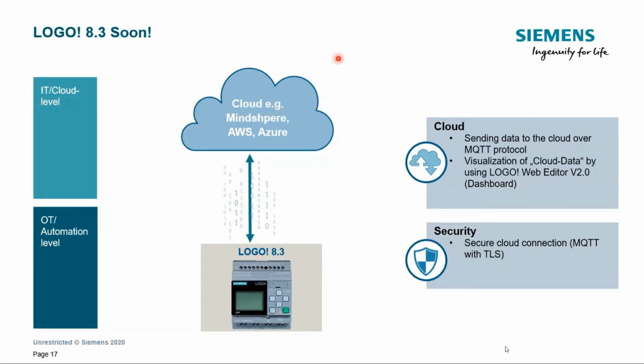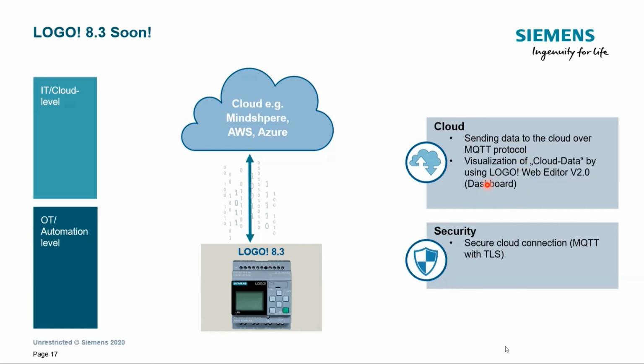Now we are in the age of digitalization, so the new LOGO will support connecting to cloud systems like MindSphere, which is our own cloud, or any other cloud like Amazon Web Services or Microsoft Azure. And for connecting to the cloud, of course, we use the MQTT protocol, which is the well-known protocol for cloud connectivity.